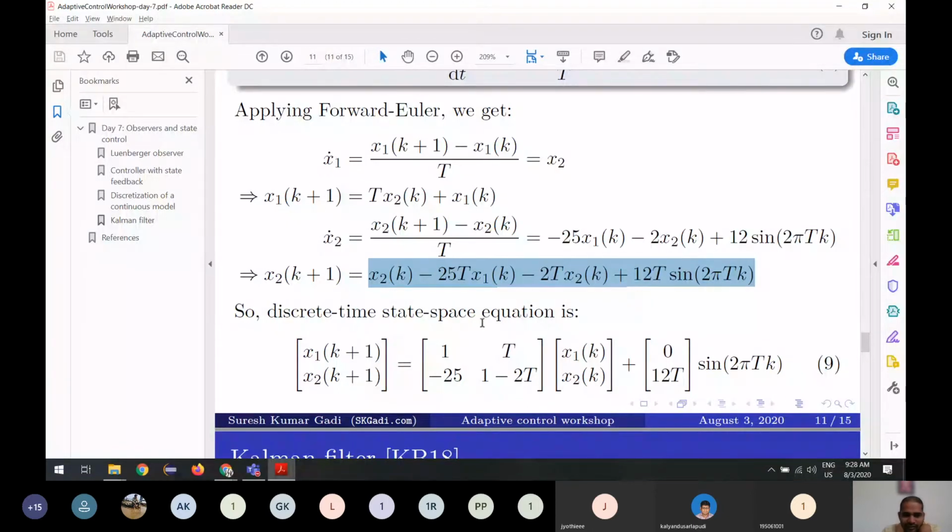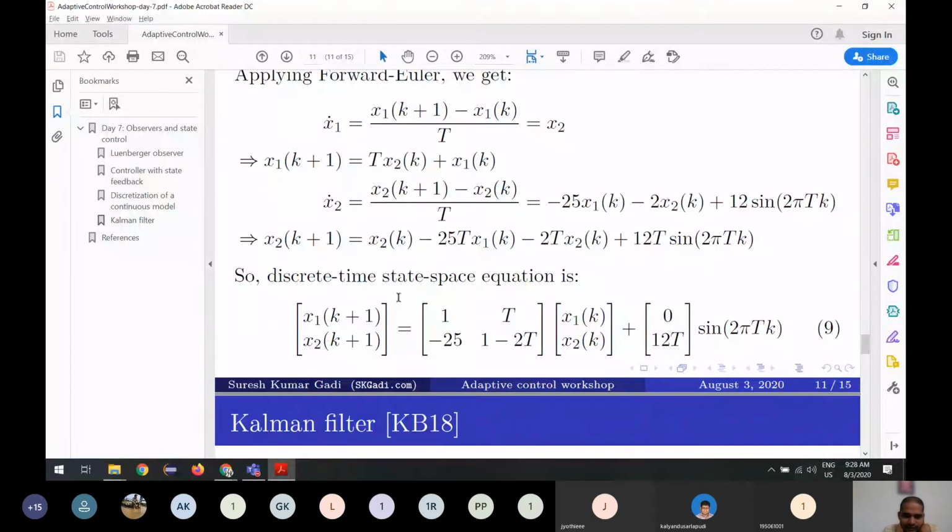Writing this in matrix form, x1 future and x2 future is equal to this. For the first row, the coefficient of x1 is 1 and the coefficient of x2 is t. For the second row of this difference equation, the coefficient of x1 is 25 times t.